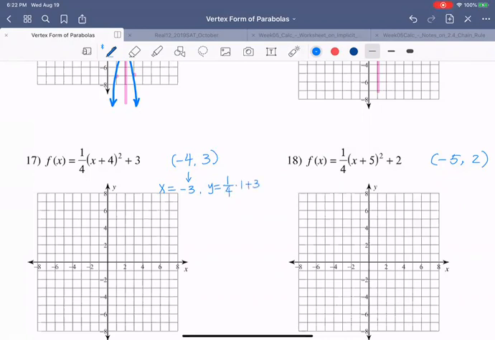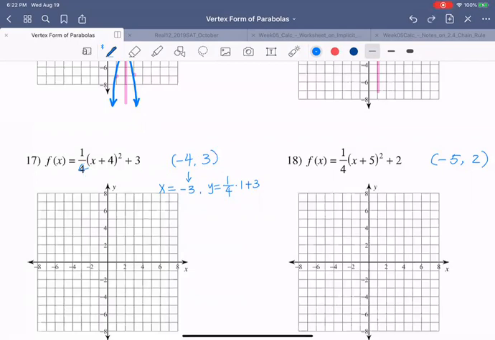Is it 3 and 1/4? So this number is not a good number because it's a fraction. So I want to move it a little bit further. The reason is because this outside is 4.